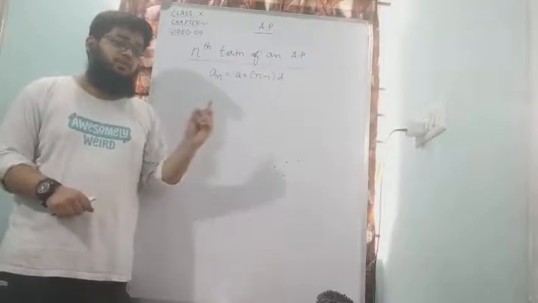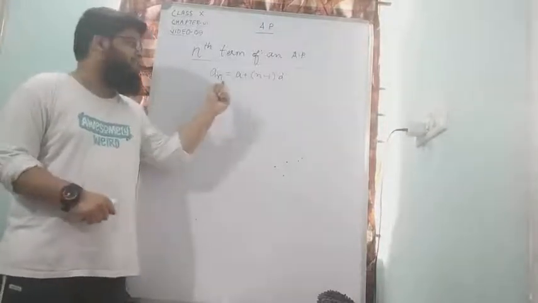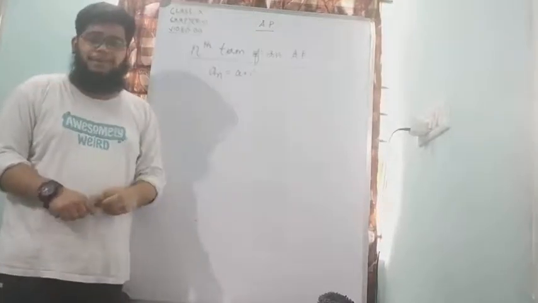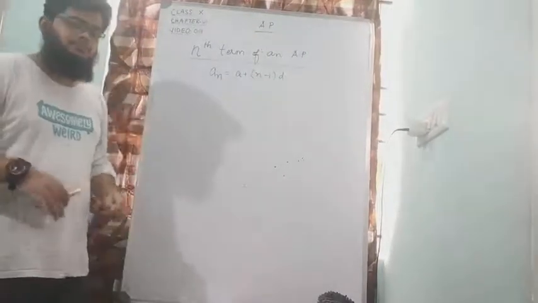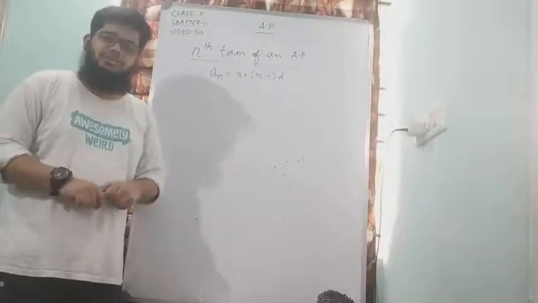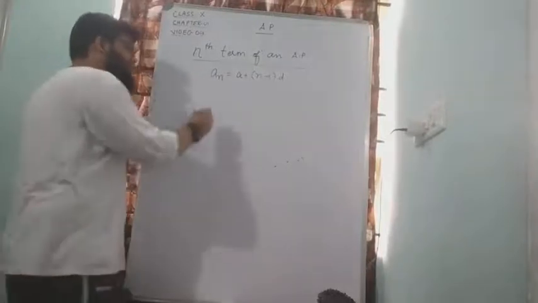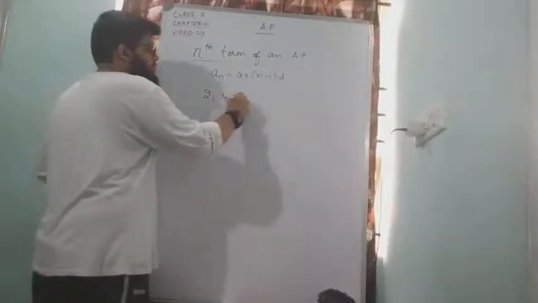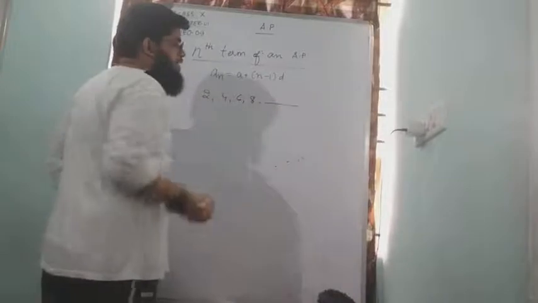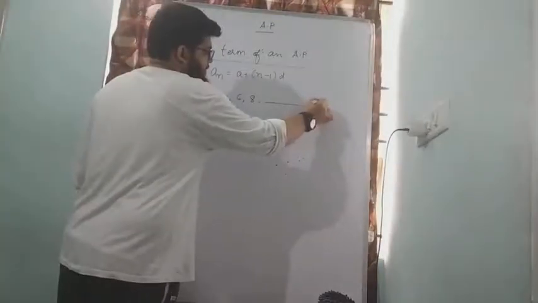We have also seen how this gets converted into the general form, and the general form can be written only with the help of this formula as well. So a few more points in introduction, and then we'll move on to our questions. Let us suppose I have got an AP like 2, 4, 6, 8, and in this AP the last term is given, let us suppose 100.